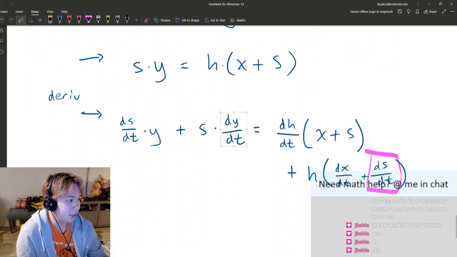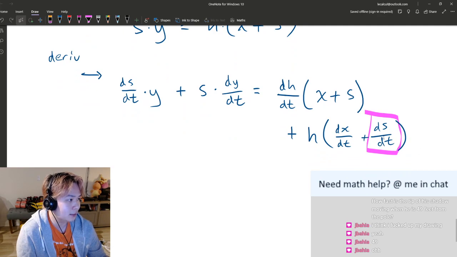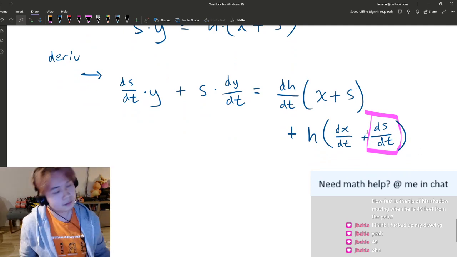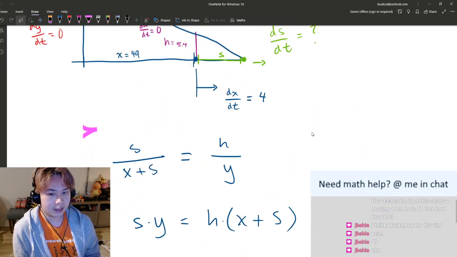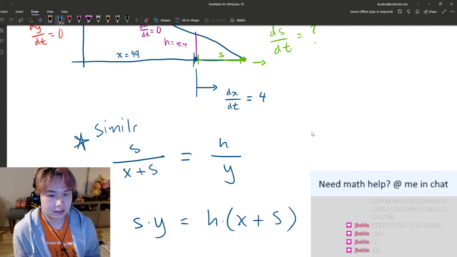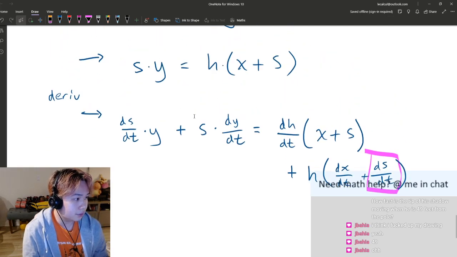And then you should have all of these values accounted for. You plug them all in, simplify, and then solve for what you actually want. So again, the hardest part is finding the relationship itself. In this case, it was similar triangles. So go from there.